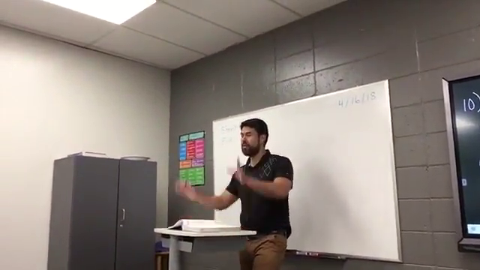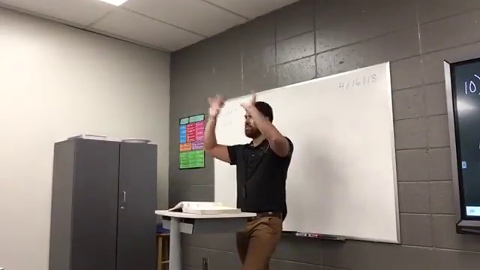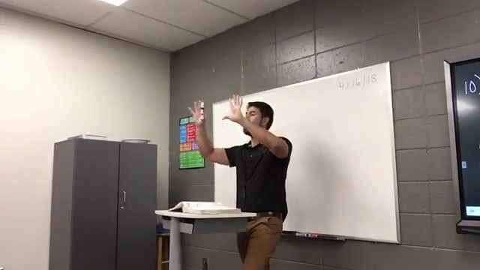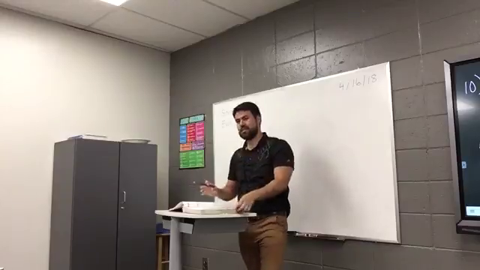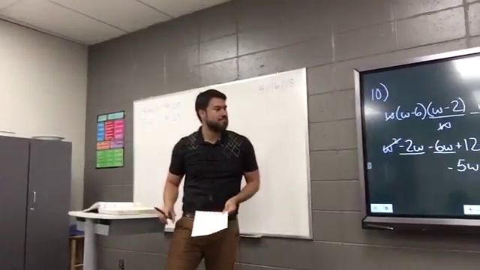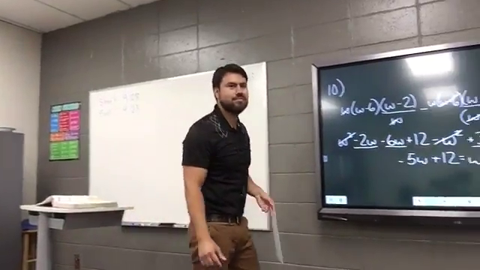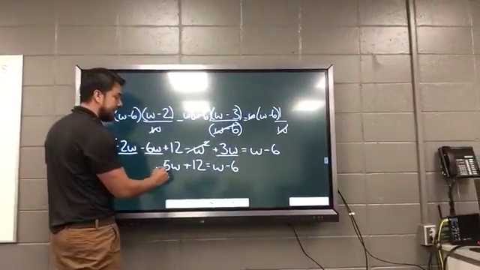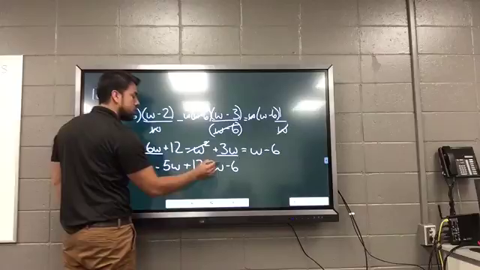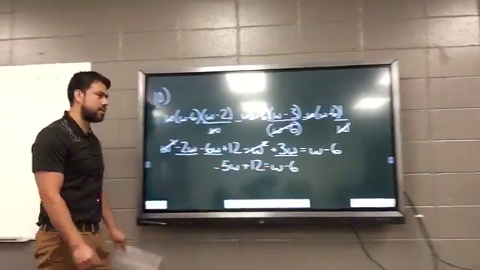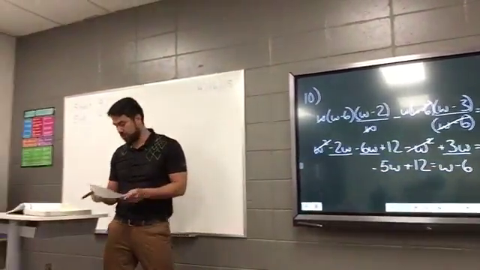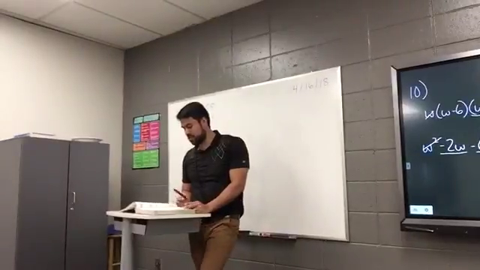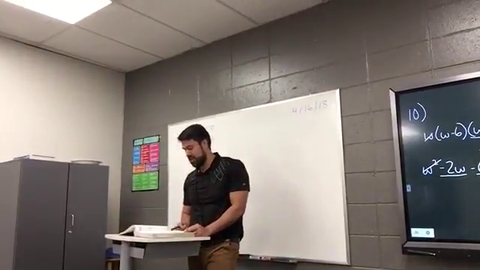It went from very complicated to still more complicated to, oh, things are canceling down, and that's nice. So your choice, you can add 5W to both sides or subtract W from both sides. And then you can keep working it out. But you should all get the same answer if you worked it out correctly.